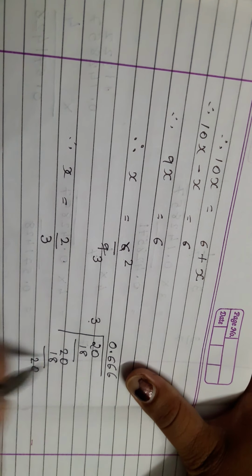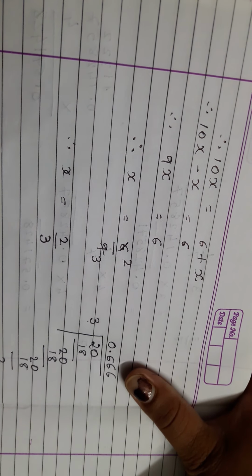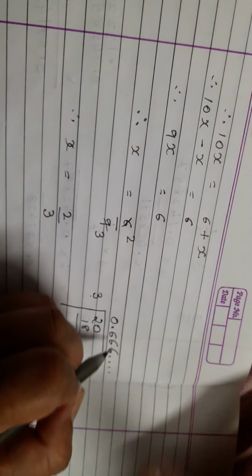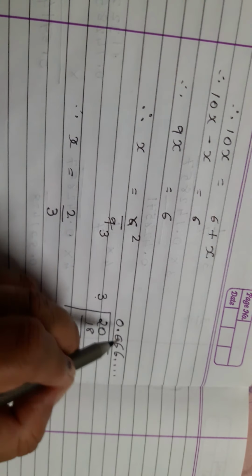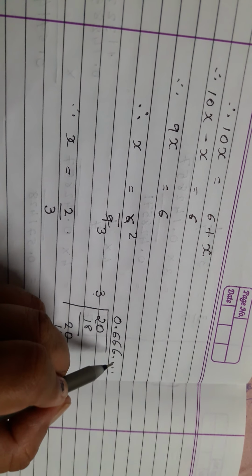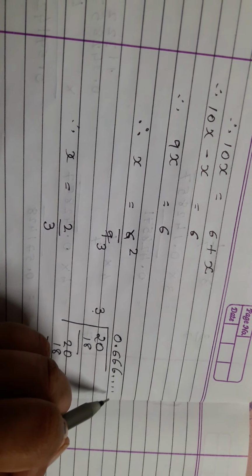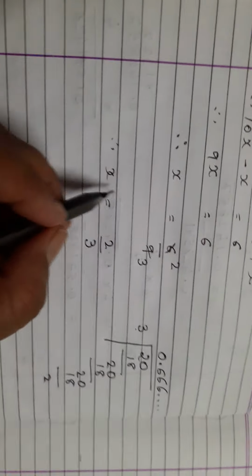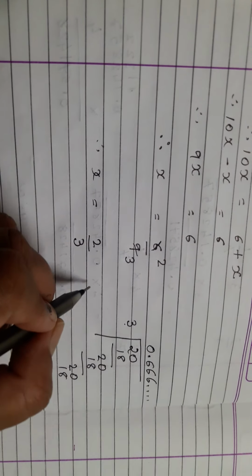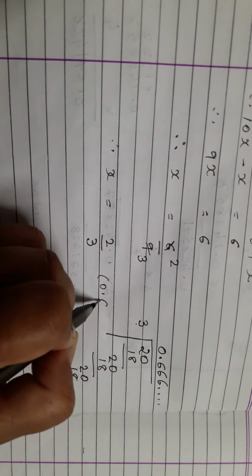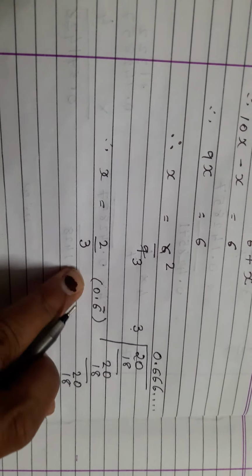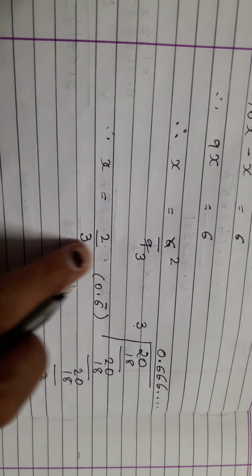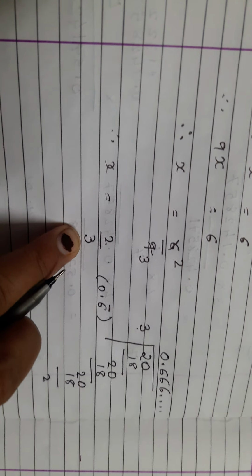Again 3 sixes are 18. So here 666 is the recurring number, so it has a non-terminating recurring decimal expansion. So x equals 2 by 3, that is 0.6 bar in decimal form. So this number is converted into a rational number.